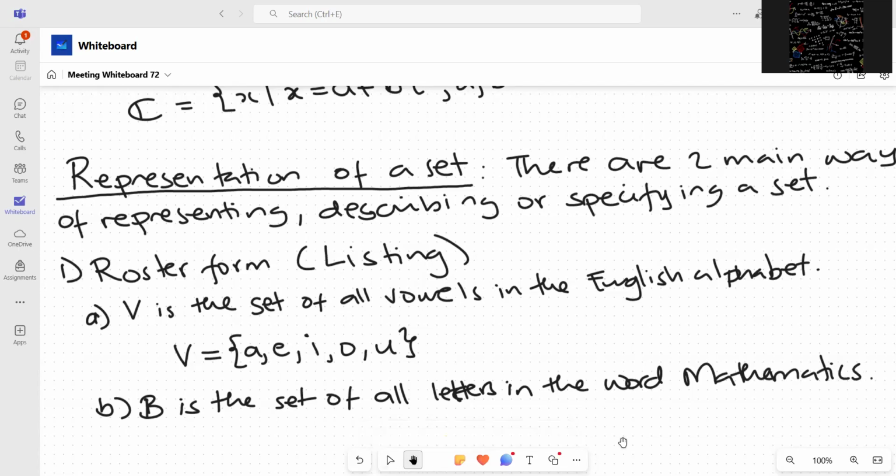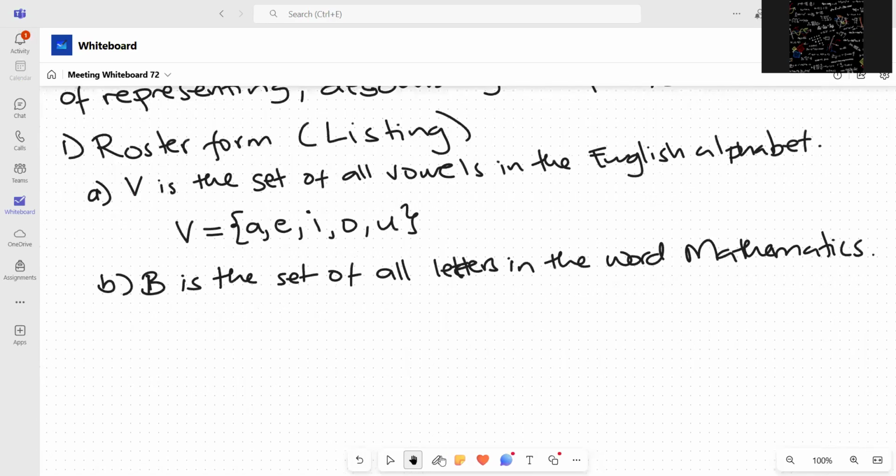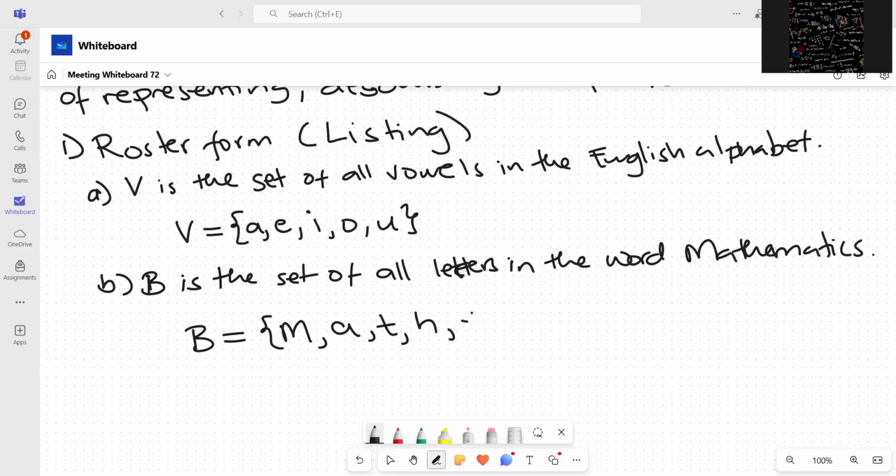Okay, so if we want to write this in roster form, we would say B is equal to, we have M, we have A, we have T, we have H, we have E.